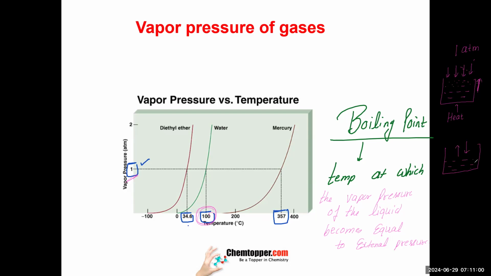Zero. And molecules are free to come out from anywhere. Boiling is a bulk phenomenon. Bulk means you can see bubbles coming out from the bottom. So boiling is the temperature at which there is no force acting on the liquid. The liquid is free to come out of the liquid state into vapor form.